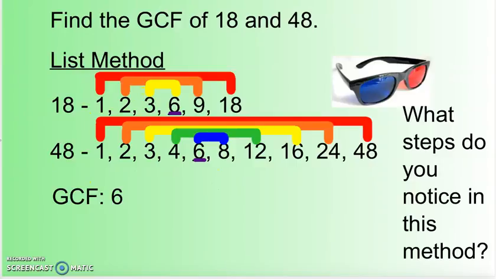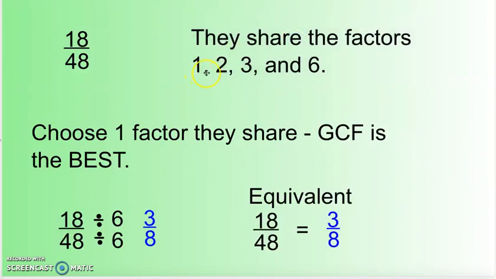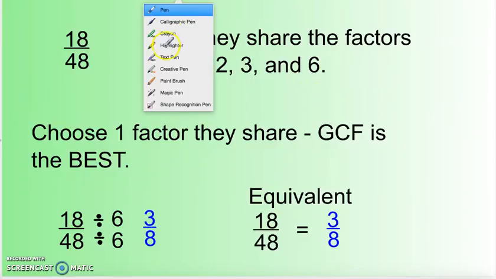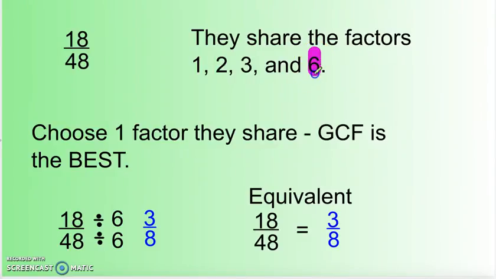So I'll go back to this, and so these are the factors they share. And so we need to choose one to divide by. Now the best one to choose is the greatest one that they share, and the greatest one they share is 6. And so I am going to take 6 and I'm going to divide 18 by 6 and 48 by 6.